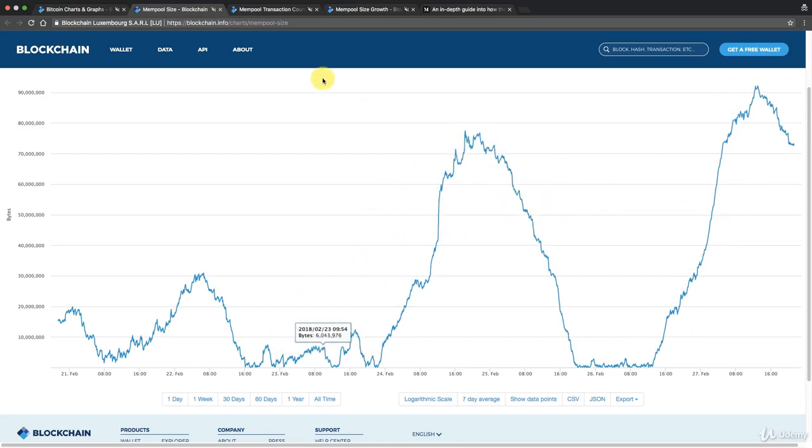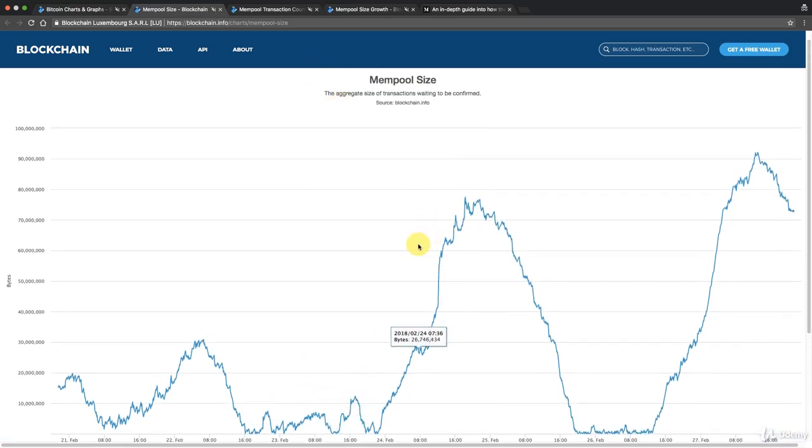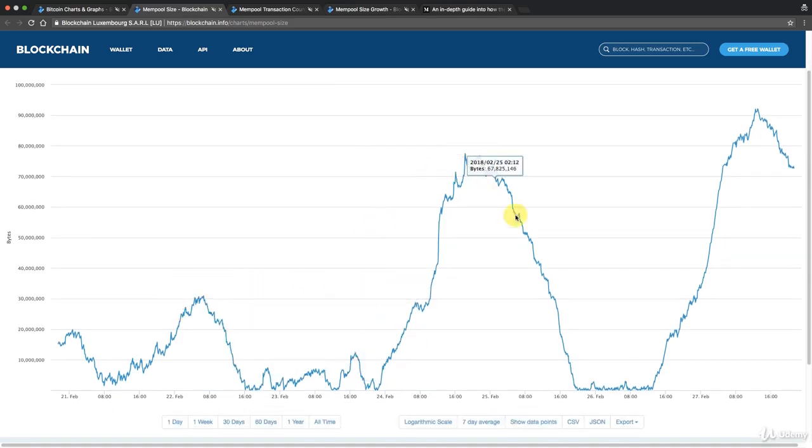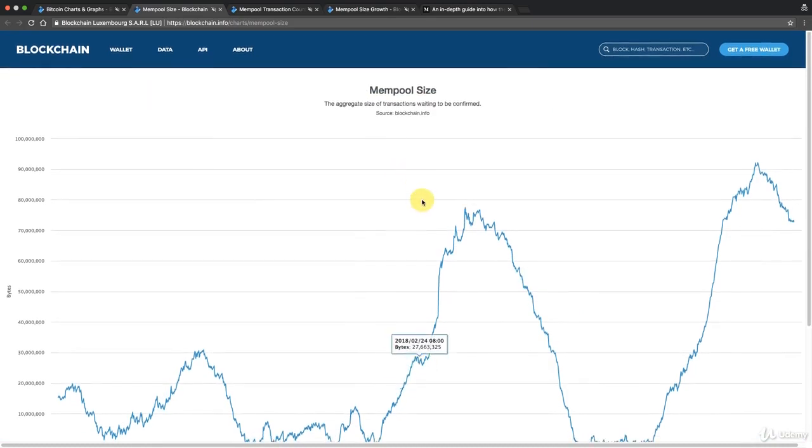Because blocks are mined every 10 minutes, it's not a question of supply of blocks, it's a question of demand of transactions. My thinking is, you can see it's kind of periodic. When people wake up, probably in the US, and start transacting, more transactions appear and are available to be distributed into blocks, and they start piling up.